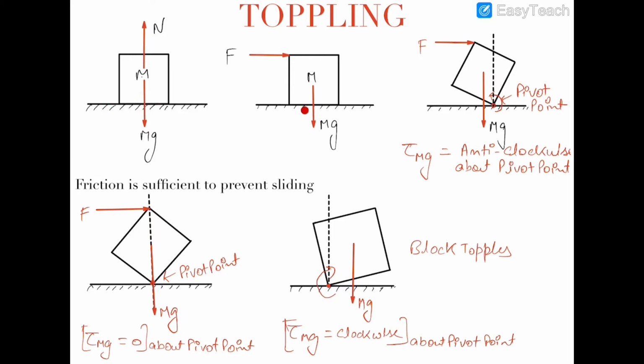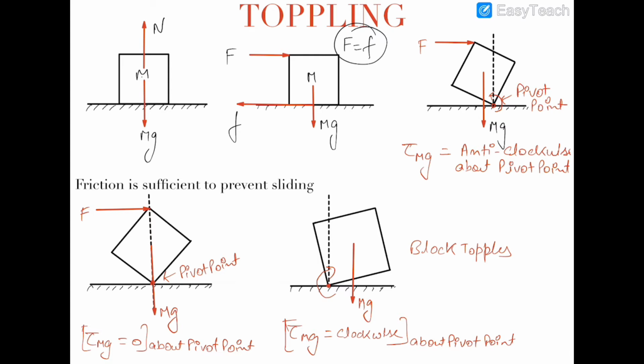But if I apply some force on the top of this block, let's suppose F, then this block has a tendency of slipping or toppling. But it is given in the situation that this surface has enough friction, sufficient to prevent any sliding, so friction would counterbalance this force F. So the block will not slide.